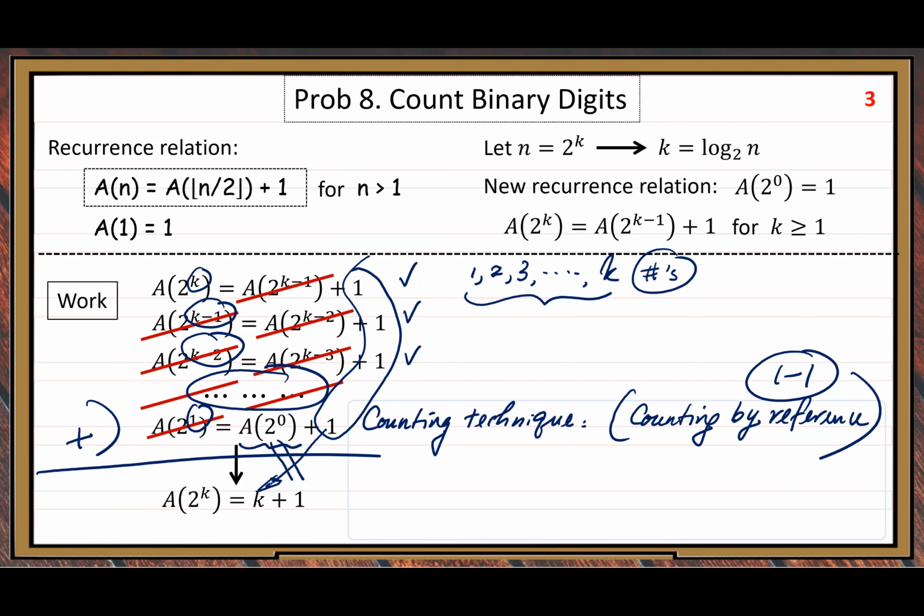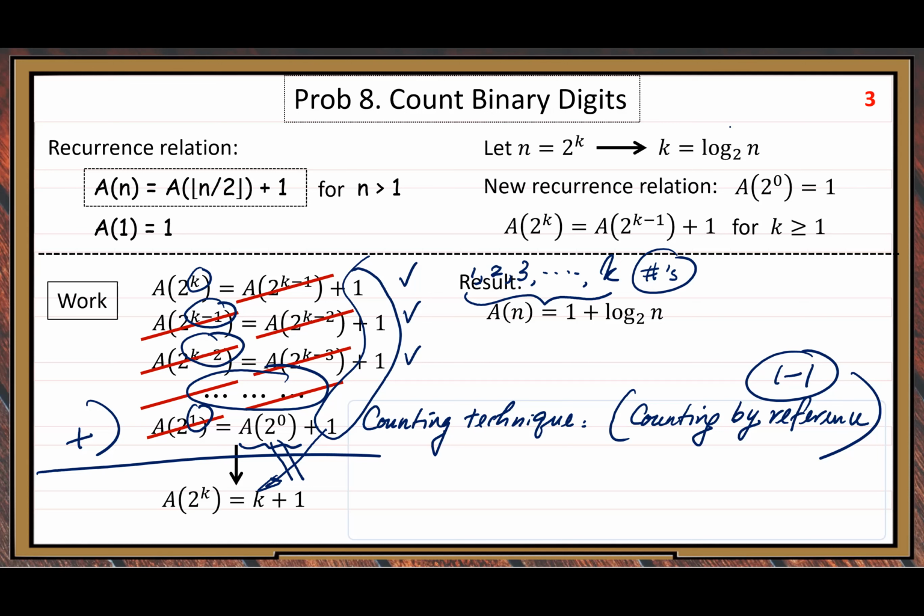K is an intermediate variable, not the original variable. We want to use the original variable. So we need to make the last step, a conversion step. So the result is A of n equals 1 plus k.